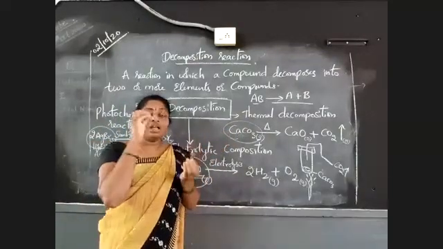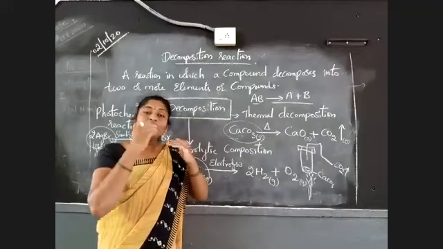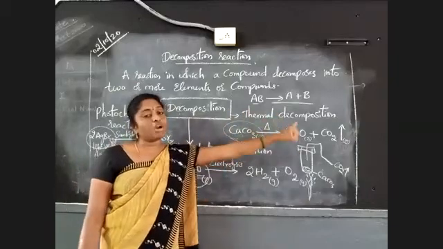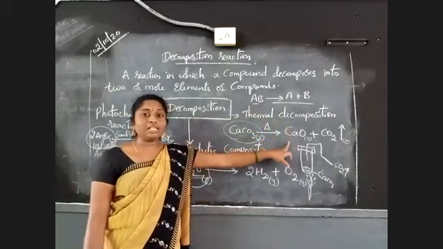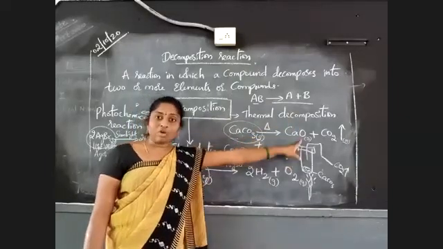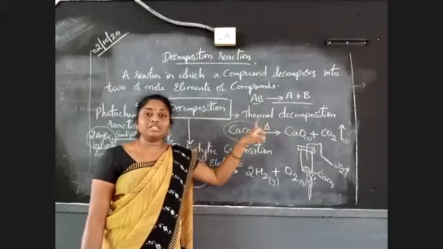Just take it in a test tube and pass the heat. You can see the gas being liberated, and the gas is carbon dioxide. So what are the products here? From calcium carbonate you get calcium oxide plus carbon dioxide in the presence of heat.